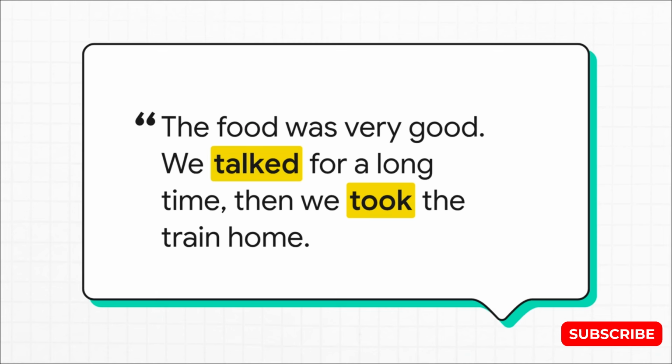The food was good. The verb talk is a regular one, so we just talked. But take is one of those special ones, so we took the train home. And there you have it, a whole story from beginning to end.